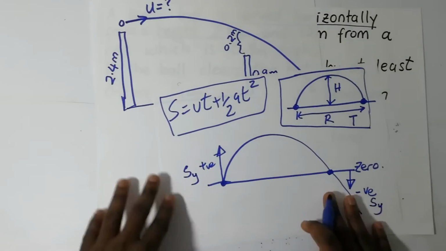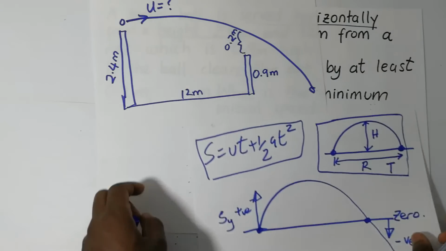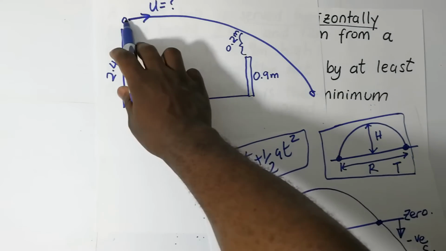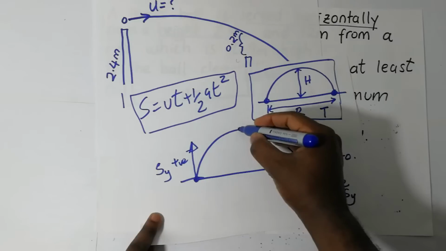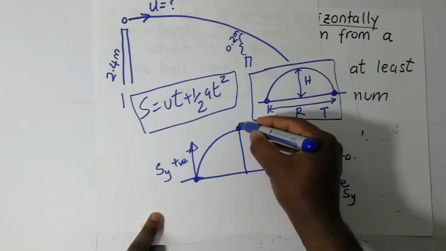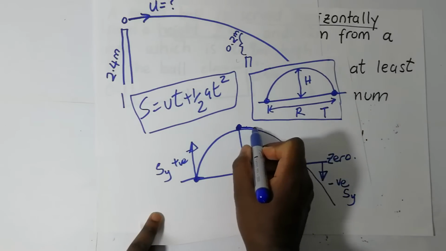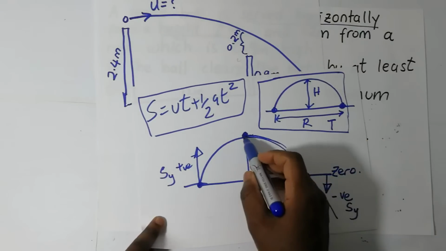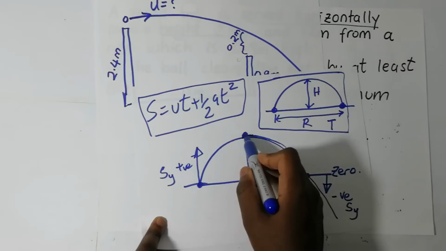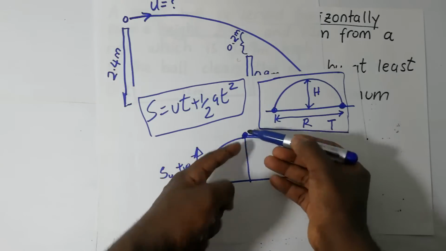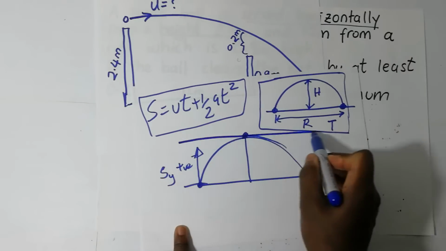Take note of that. So when you look at something like this, a ball is projected from here and then it falls like this. This is like saying the ball was up here and then it was kicked and it went here. But because its point of projection is here, this means that now the zero level has shifted up there.